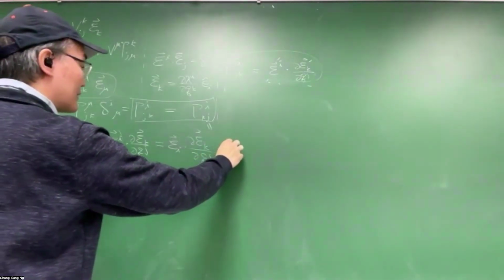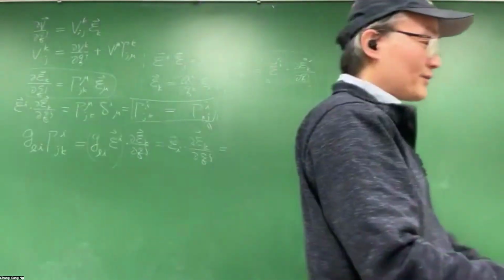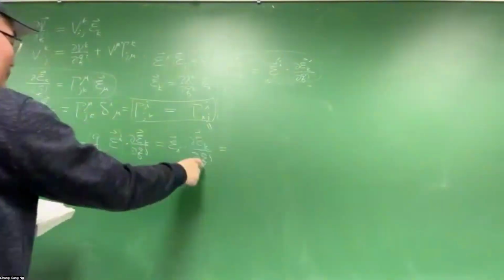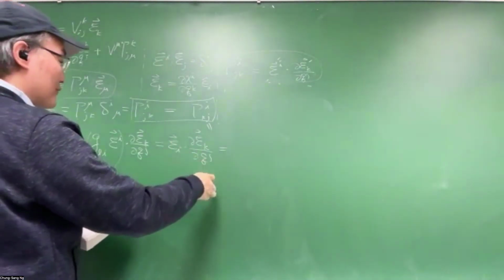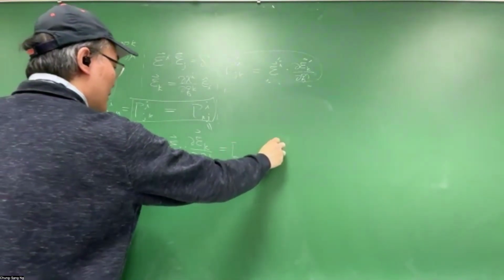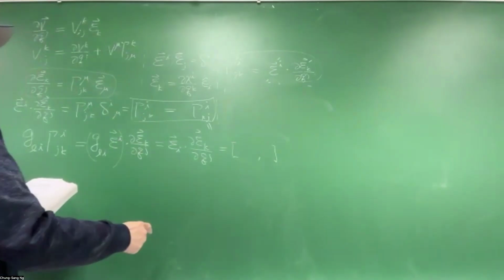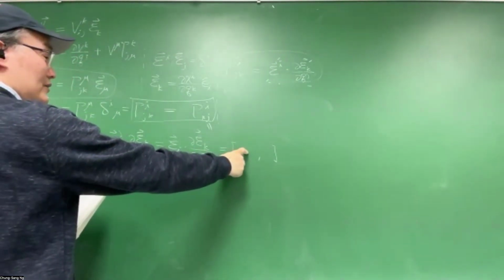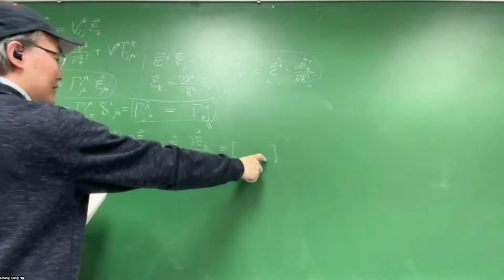And in your textbook, let's compare with the textbook, because the order is defined by how you put the position. The component your textbook uses is this bracket, and it has two slots. The first slot has two indices. The second slot has one index.